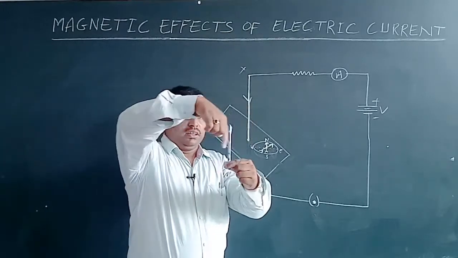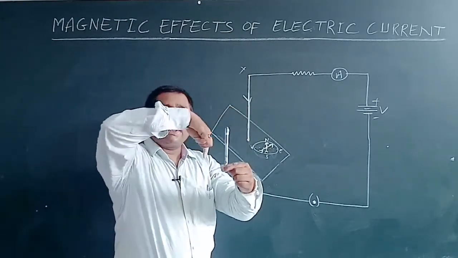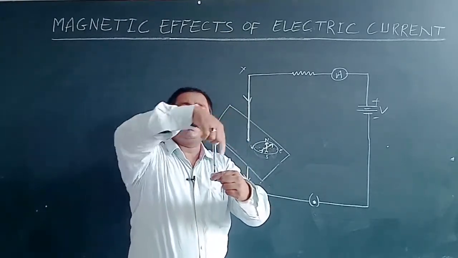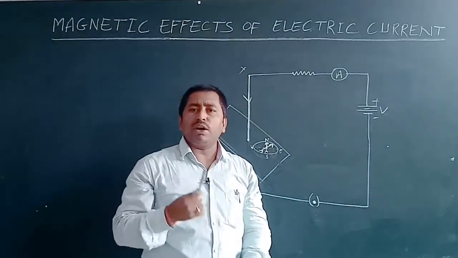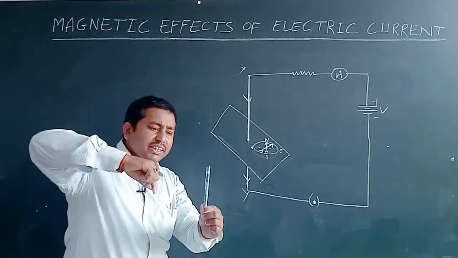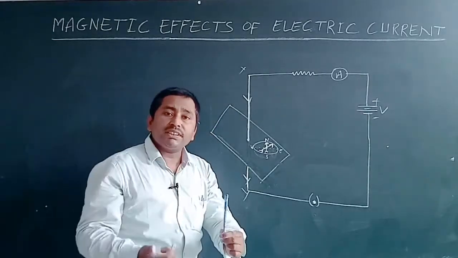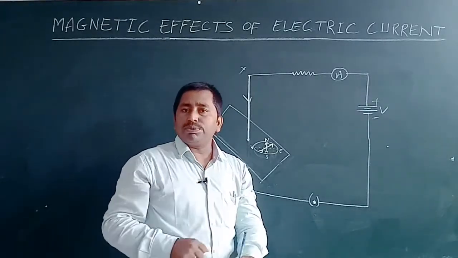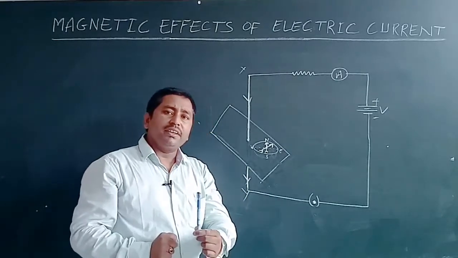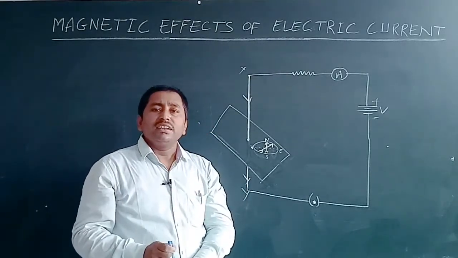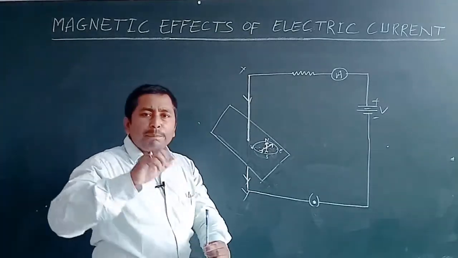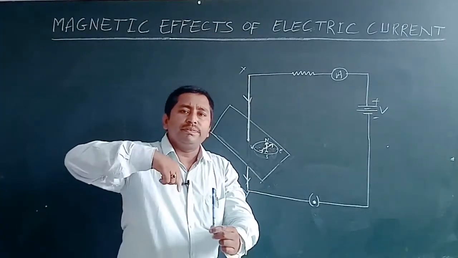It means when we move this magnetic needle around the current carrying conductor, we always find that the deflection changes its direction. So we can easily observe that the magnetic field due to this current carrying conductor forms a circular loop.